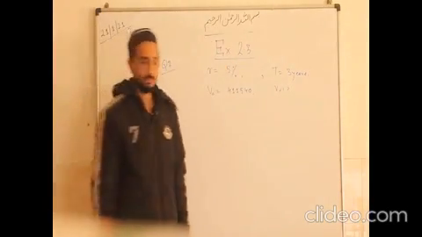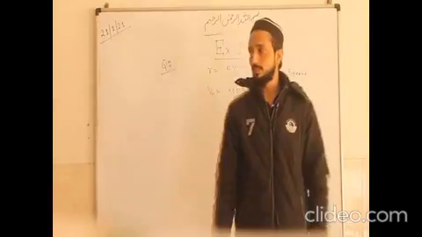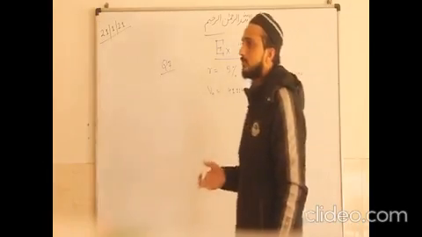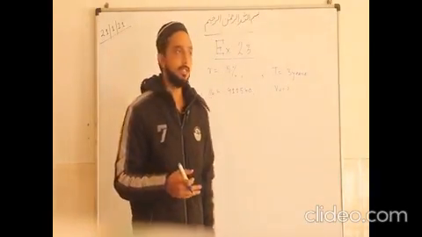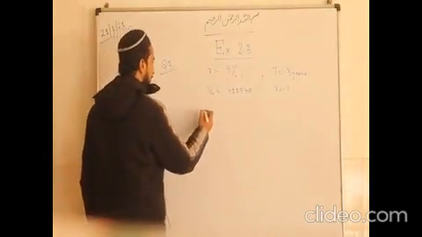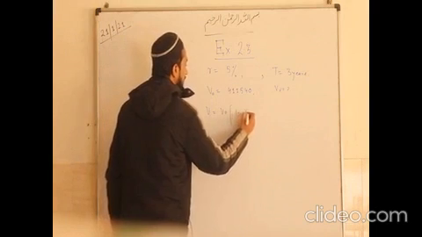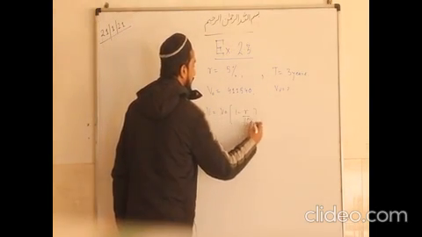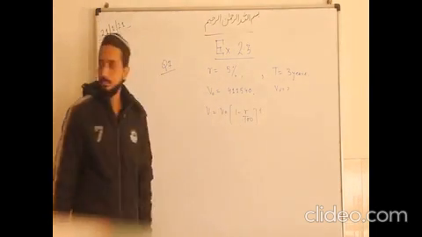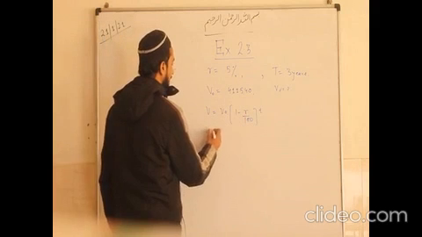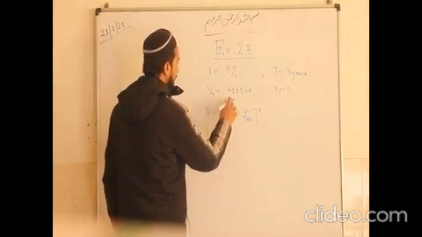The case is that the value is decreasing at the rate of 5% per annum. So we just put the formula for depreciation. What was the formula? V equals V naught into 1 minus R by 100, to the power T. Okay, right? So it's a very simple question. V we have to find, and this is the present value.